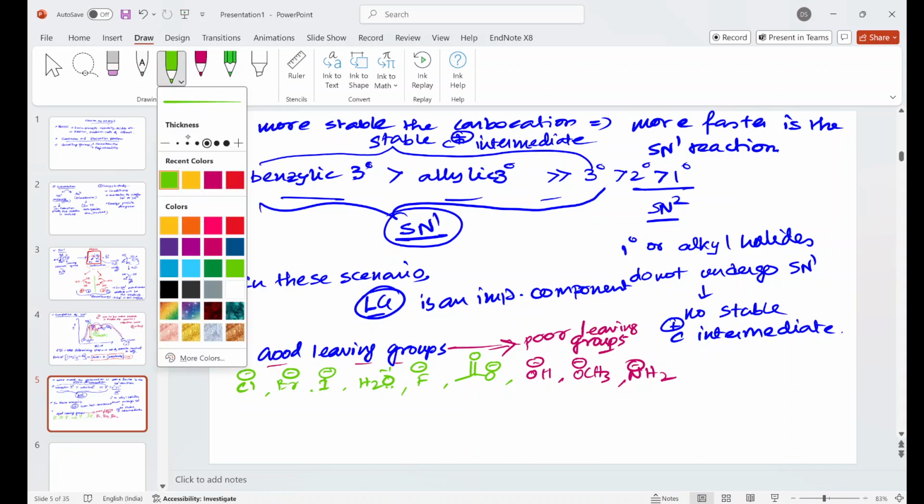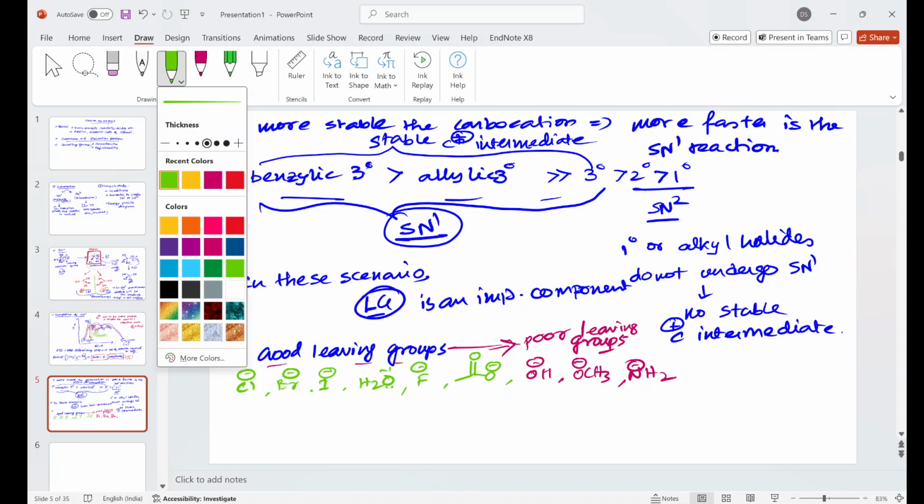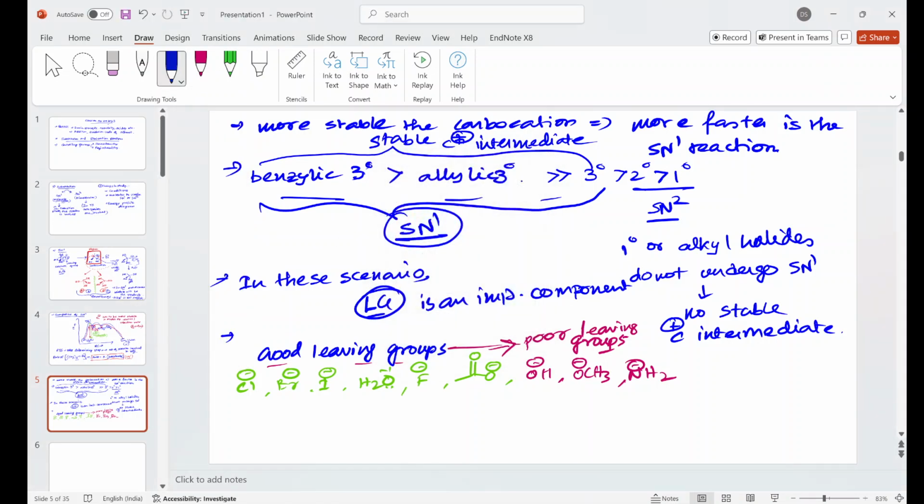So generally it is seen that you consider the conjugate acid of these species: HCl, HBr, HI, hydronium ion, HF, acetic acid, water, methanol, and ammonia.